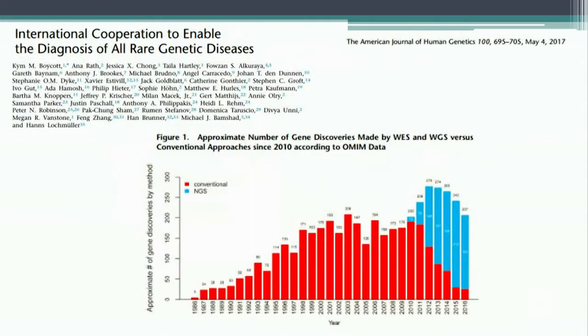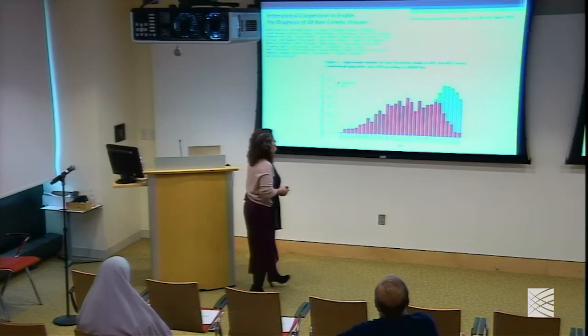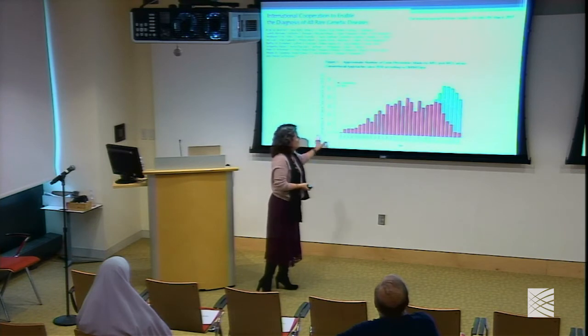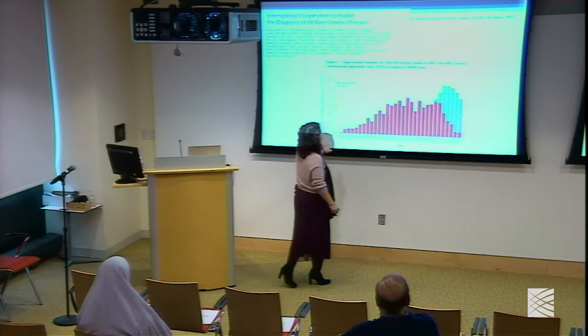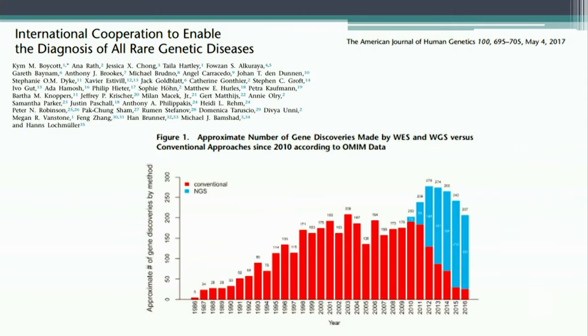A more recent look at Mendelian disease implication was a paper led by Kim Boycott through IRDiRC, the Rare Disease Consortium across the world, really looking at the gene discoveries over time and also separating by approach.